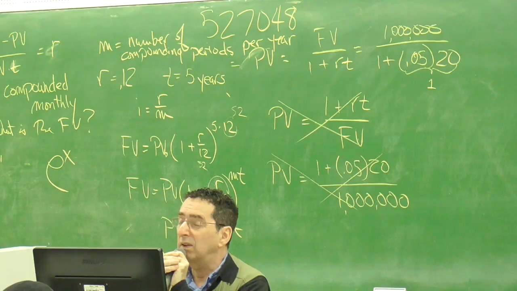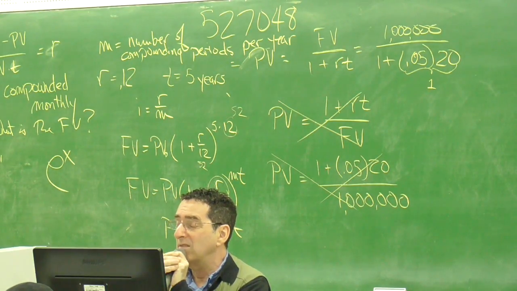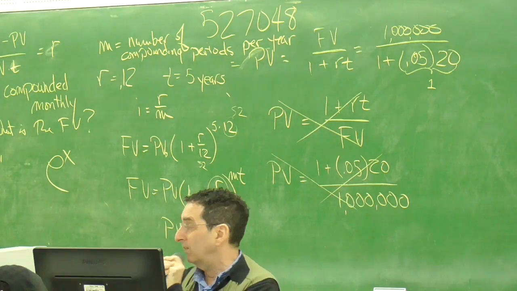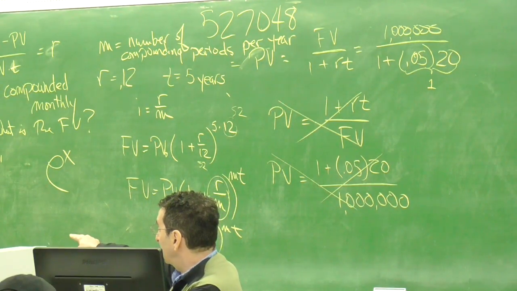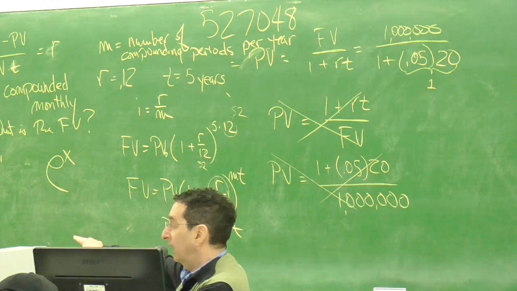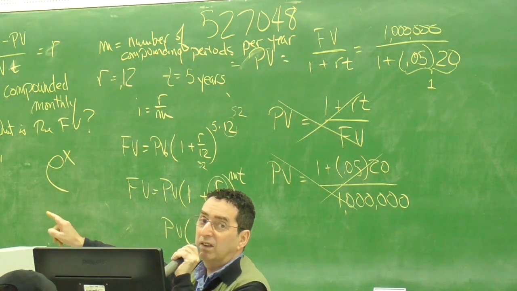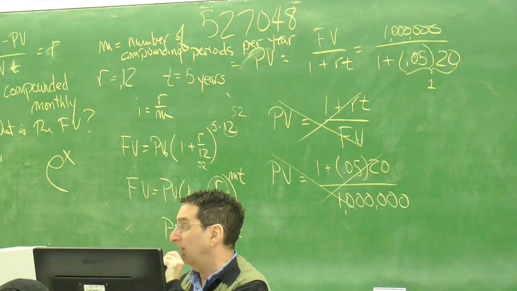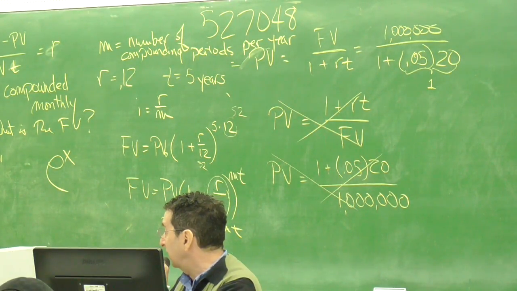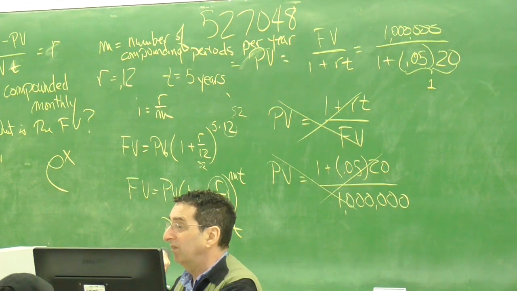Then what else did we do? Then we went to compound interest, and we discovered the formula will basically have an exponent in it, like we have 1 plus r to the 5 there, right? So we discovered that there's going to be an exponent, which was the number of years.